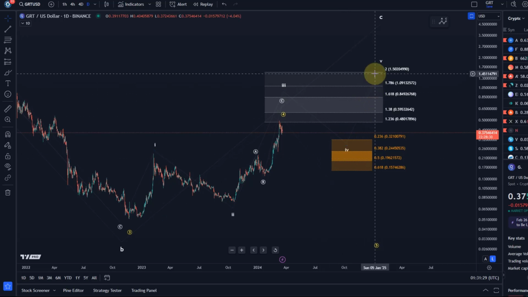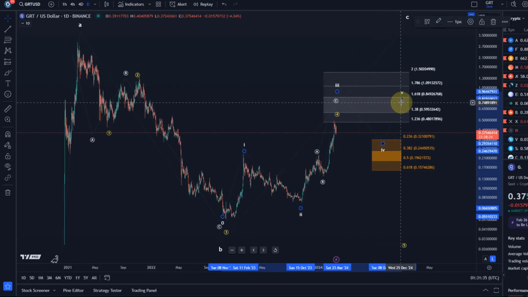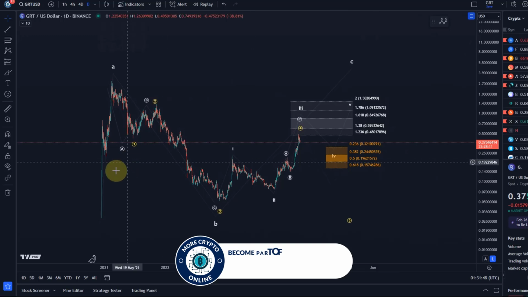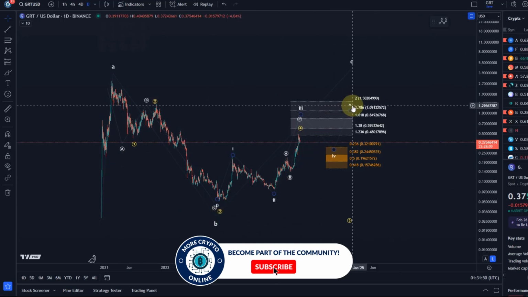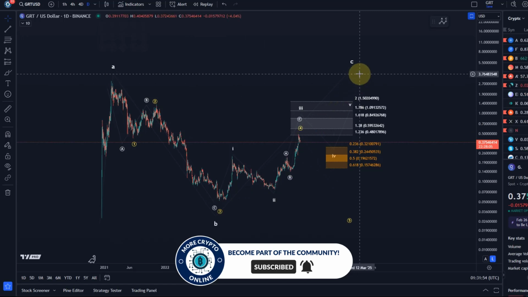The wave 5 normally doesn't break much higher than, for example, the 1.618 extension or the 1.786 if the third wave only reached the 1.236 extension. So it creates a bit of a problem with regards to where we are in this cycle, because this would be a 5-wave move. And I'm tracking the overall structure as an ABC.